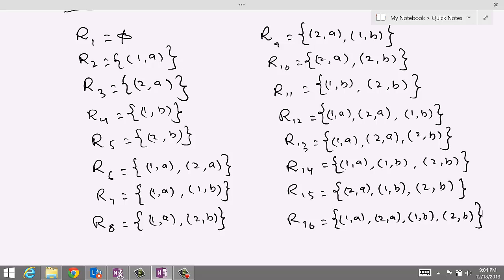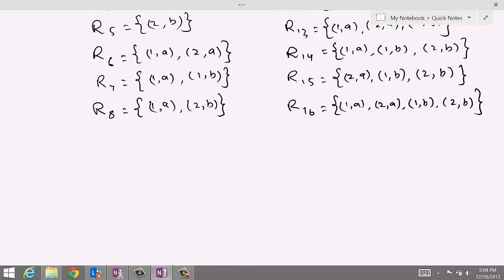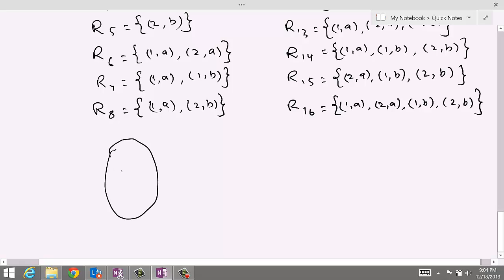If we give them a different pictorial representation, for example, if we write them in the Venn diagram, we draw two circles.